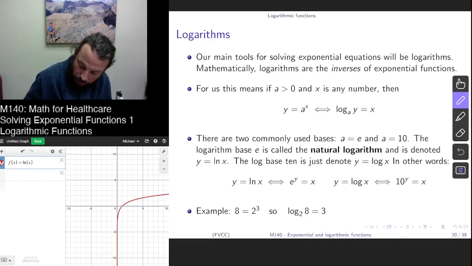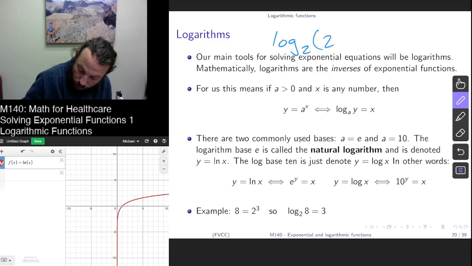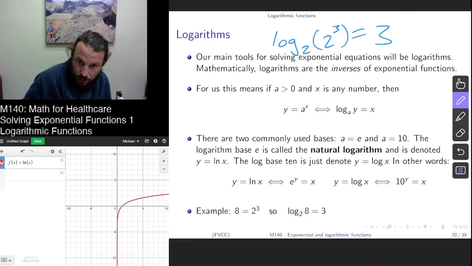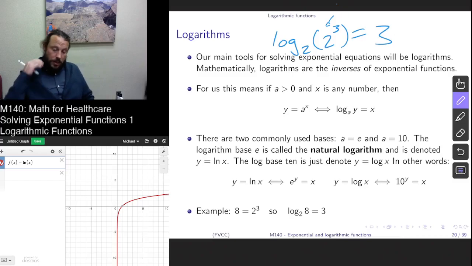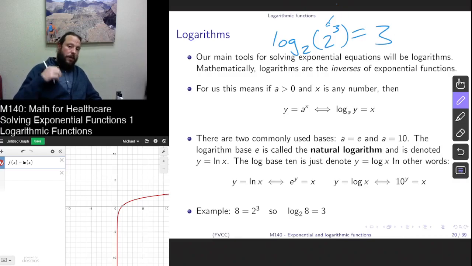Let's pick a base 2: log base 2 of 2 to the third equals 3. What does the function 2 to the x do to 3? It raises 2 to the third. And so the log undoes that. That's the idea of inverses.